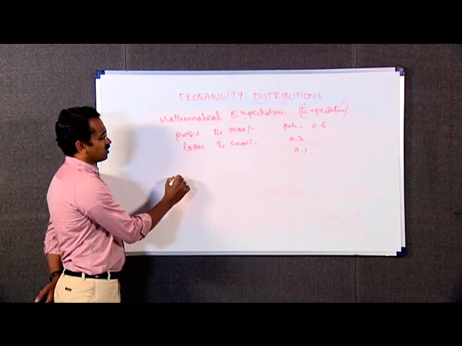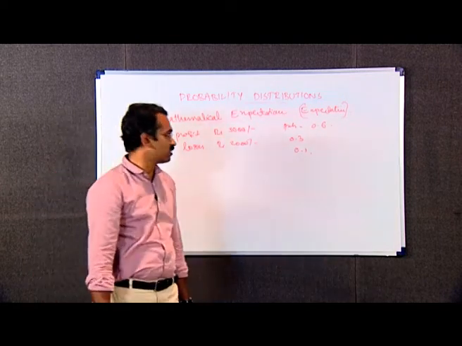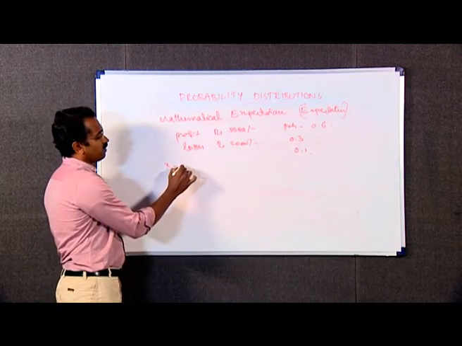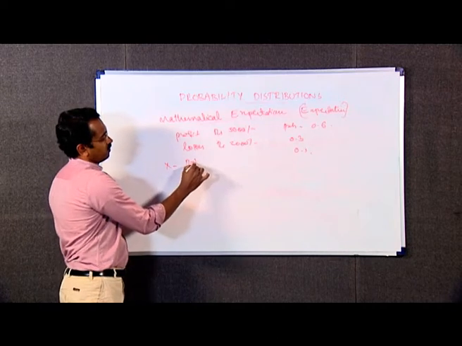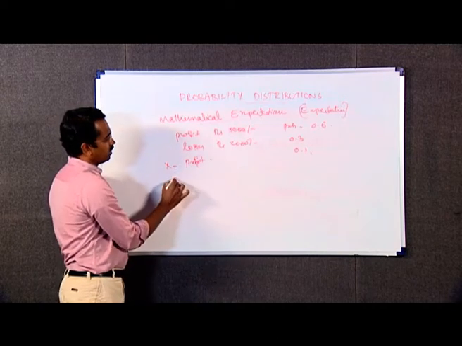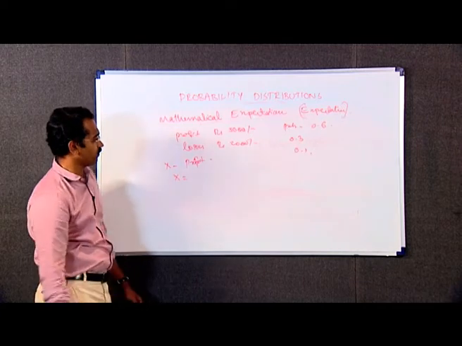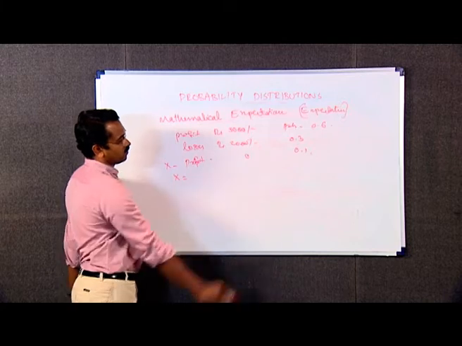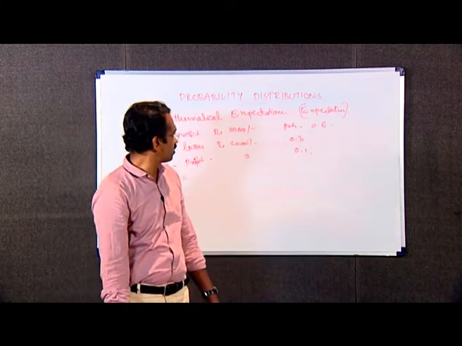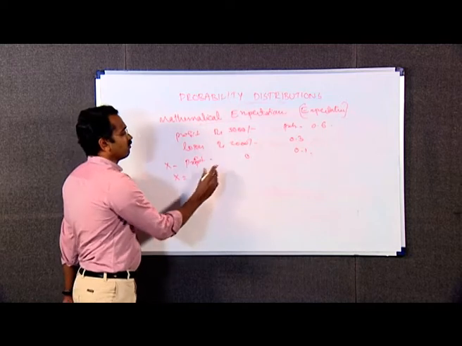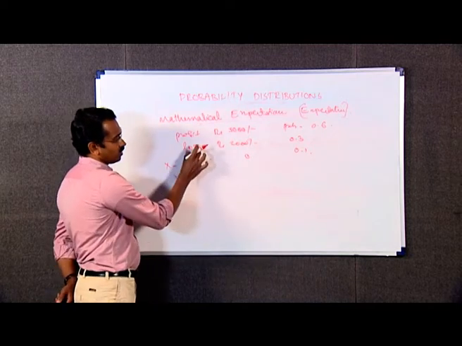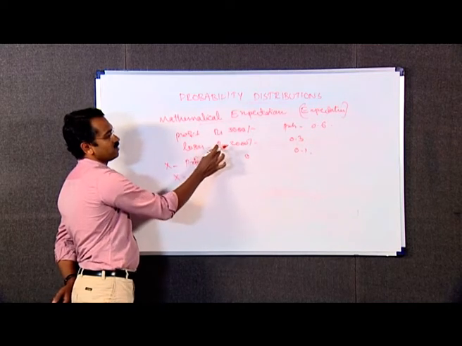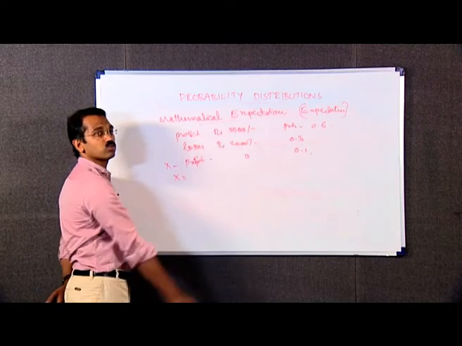given by the expectation of X, where X can be taken as the profit. If we take X as the profit, then the values of X are 3,000, 2,000 and 0. Neither a profit nor a loss means we take the value of X as 0. Here a 2,000 rupees loss means in terms of profit we can write this as minus 2,000.